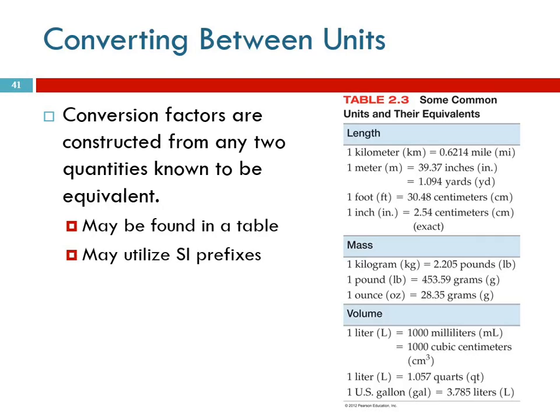An inch and 2.54 centimeters represent the same length. They're just different names for the same thing. So some of these are found in tables. Some of them we use the prefixes, those metric prefixes, and we can create them just using the prefixes.